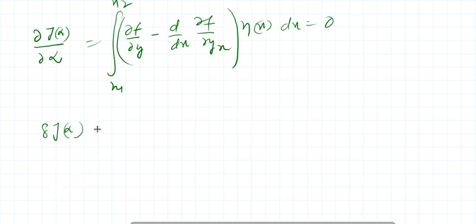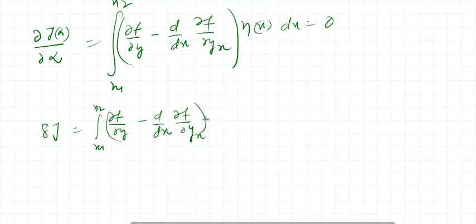So δJ, or simply δJ, is equal to the integral from x1 to x2 of ∂f/∂y minus d/dx of ∂f/∂y', into δα η(x), and δα times η(x) we call δy, or simply y(x) as we have chosen. So it is simply δy, and dx will remain as it is.